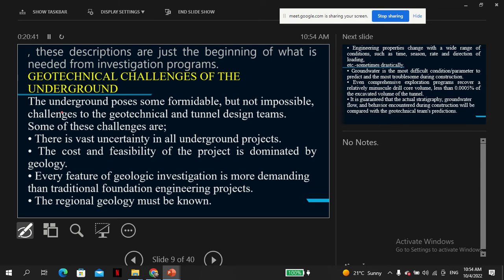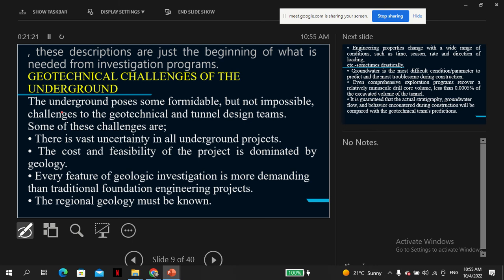So these kinds of descriptions will let the tunnel engineer or geotechnical engineer have an idea of the nature of the rock, sorry, not soil, rock, that they'll be working in. Like we've said, the primary support structure of a tunnel is the rock in which it is built. So the primary material. We need to take care of this material and make sure that it is able to support the tunnel.